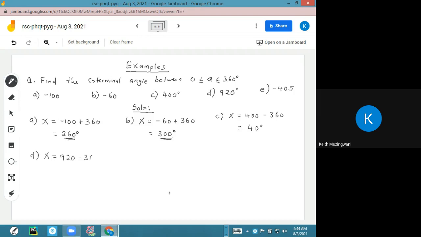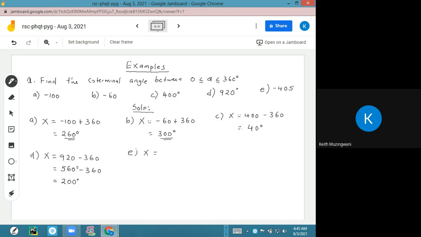So we'll subtract 360 and see what we get. 920 minus 360 is 560. Still bigger than 360, so we subtract again. We'll get 200. It falls now in the required interval, so we leave it there. We don't stop subtracting until we get to our required interval.